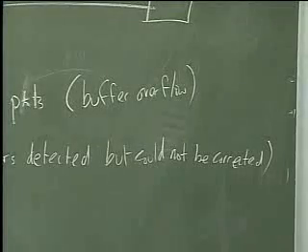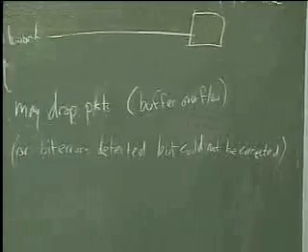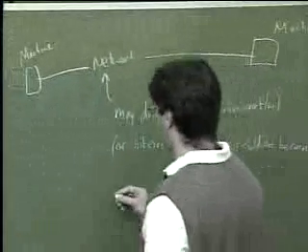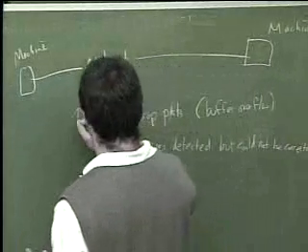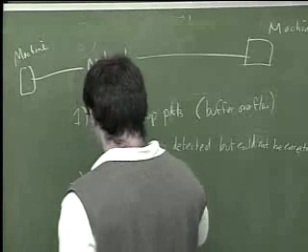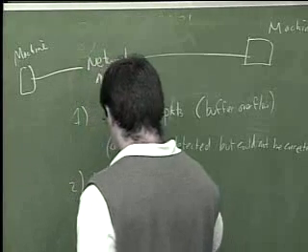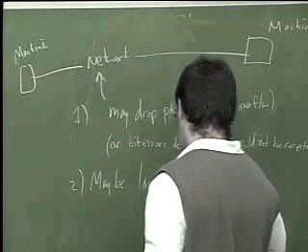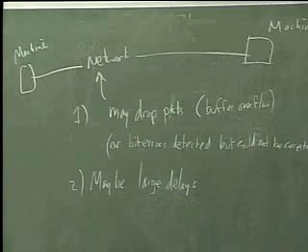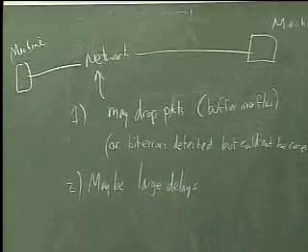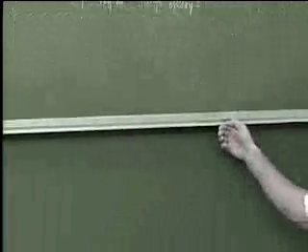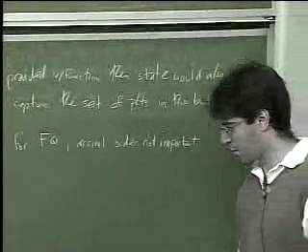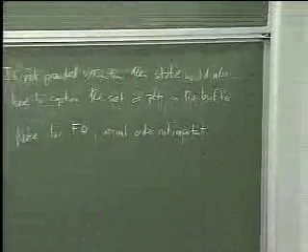So you just drop a packet that was sent. Okay? So the network may drop packets. And 2 is there may be large delays. Okay? And so the transport layer is supposed to compensate for these two phenomena.